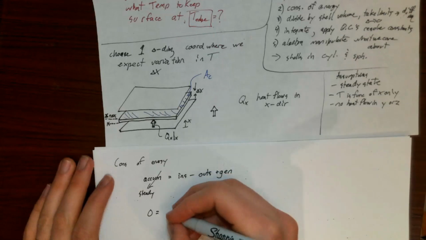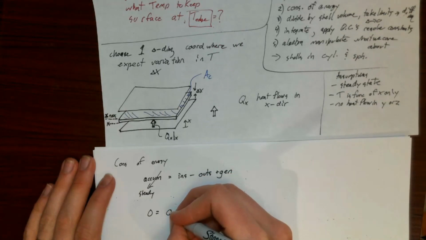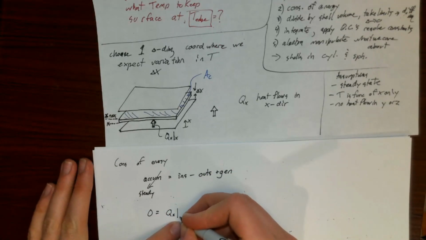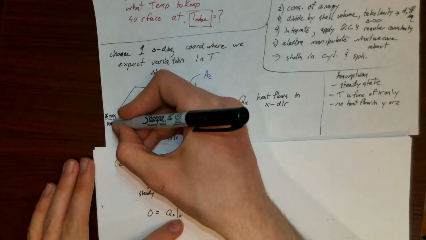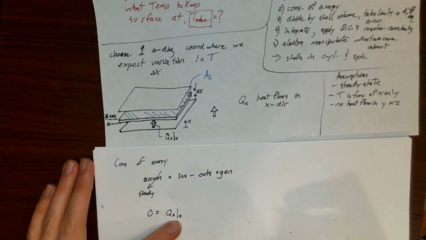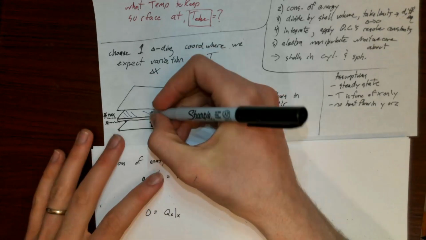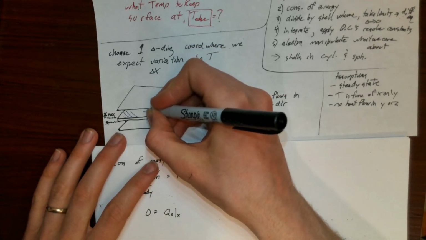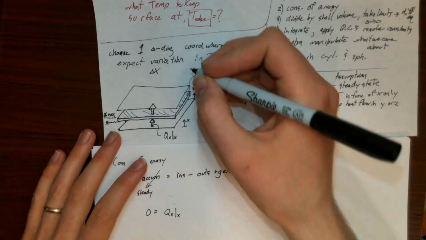So my in is going to be Qx evaluated at position x, because it's heat flowing into this bottom face here. Similarly, I have some heat flowing out at the top right here.